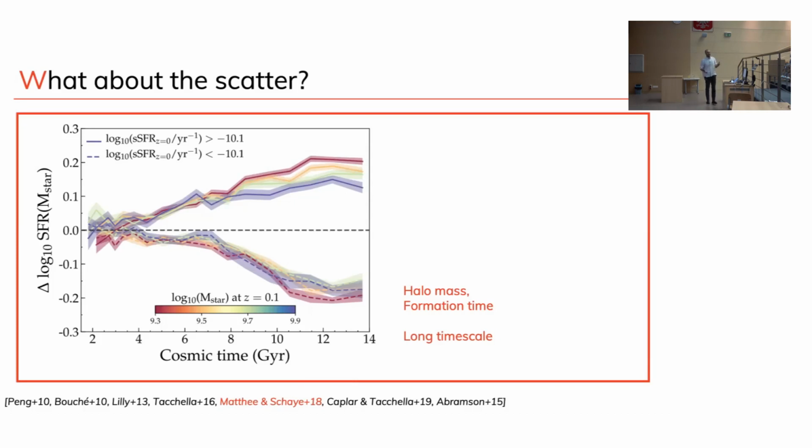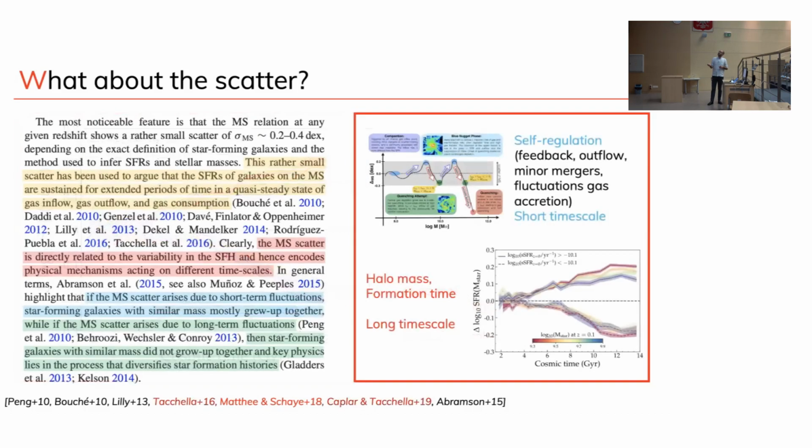So this is going against what we were saying before, that we have fluctuations around the main sequence. Most likely, depending on where you started, you stay above or below, and the main sequence is just a reflection of something which is above and something which is below, and you just happen to find them at the same time, hence the correlation. By the way, the final conclusion here, they were trying to figure out if it's short time scale or long time scale variations dominating the scatter of the main sequence, and they conclude that it's both.